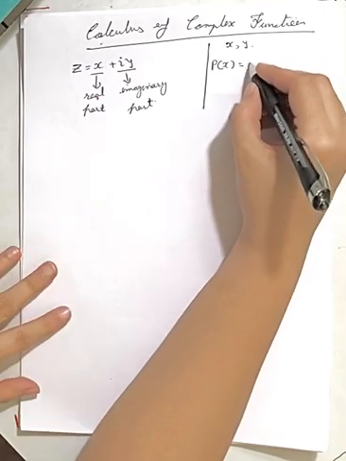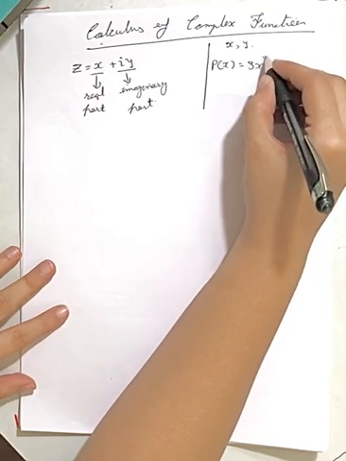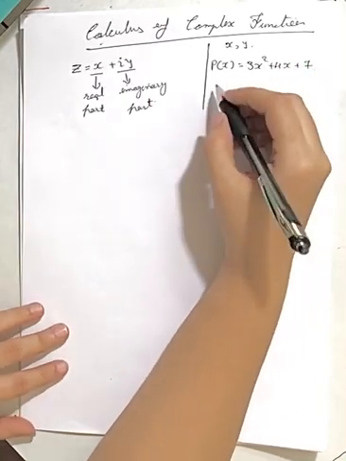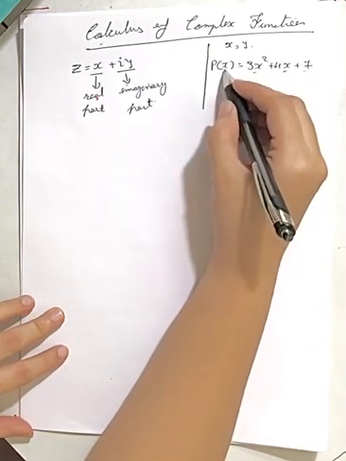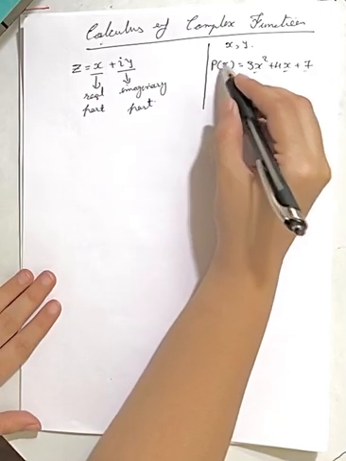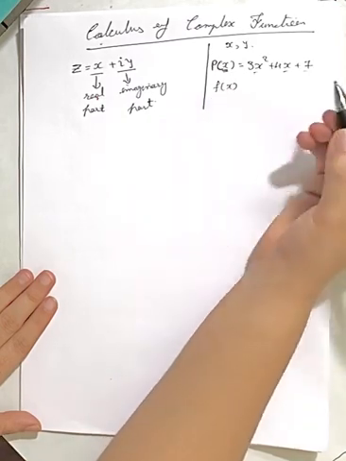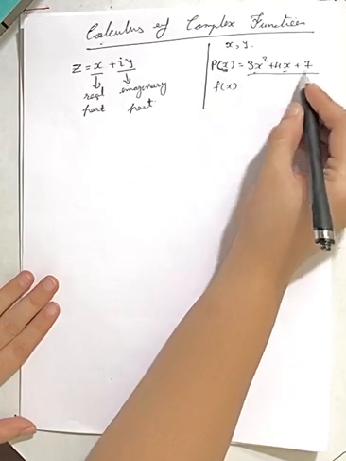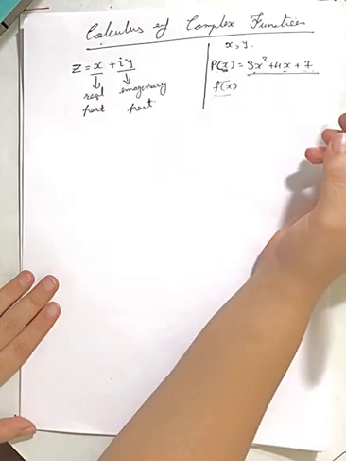So if it was a quadratic equation, then it was 3x square plus 4x plus 7 or something like that. Here the variable is x, so it is p of x. Since I said it is a polynomial of x, I have written p of x, but I can also write it as a function of x. It is just describing the polynomial by using different symbols.